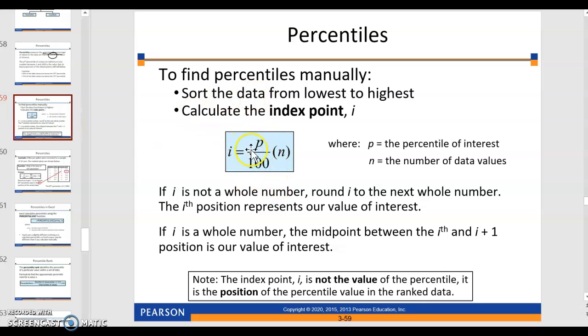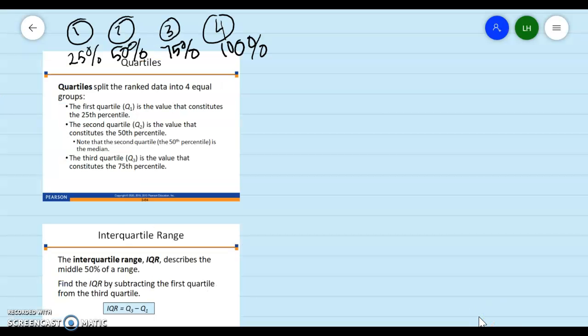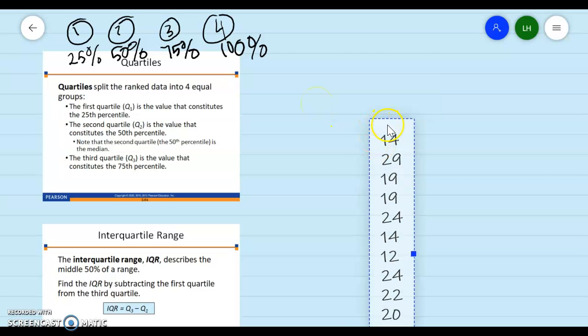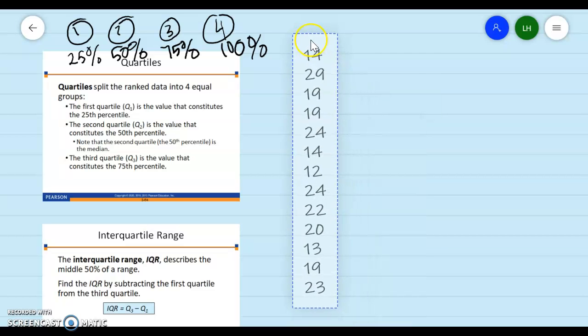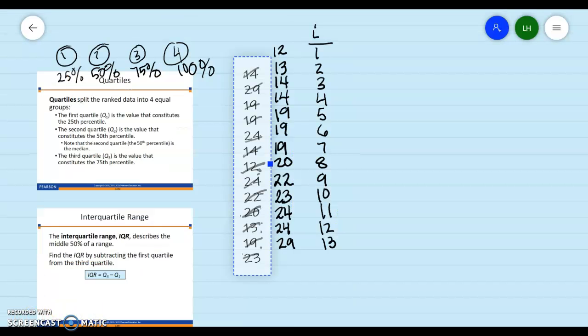So remember, it's P over 100 times N. So let's copy our data, and I'm going to pause it and you can order the numbers. Okay, I ordered the numbers, and then I also wrote the index down so we could find it quickly.